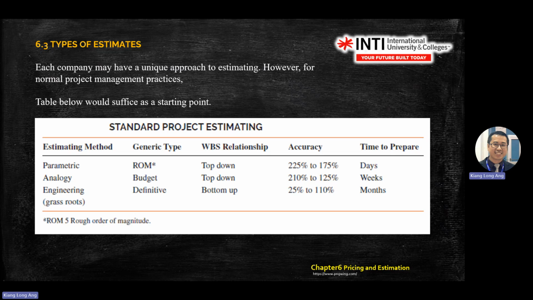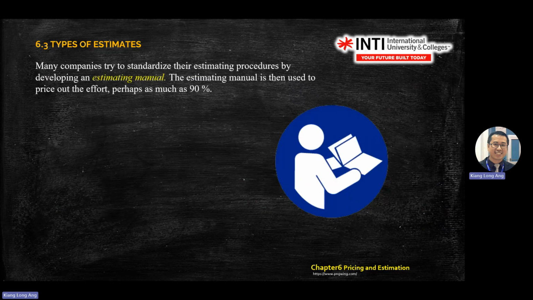So you have a table over here. For estimate methods, you have parametric, analog, engineering, generic type, you have ROM, budget, definite, and so on. This is just an example. I'll show you the tutorial question.